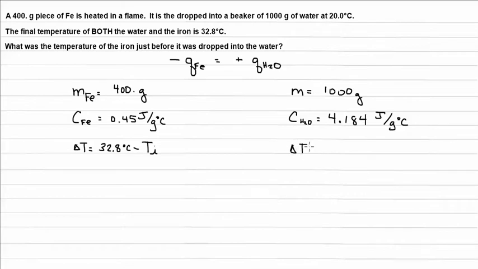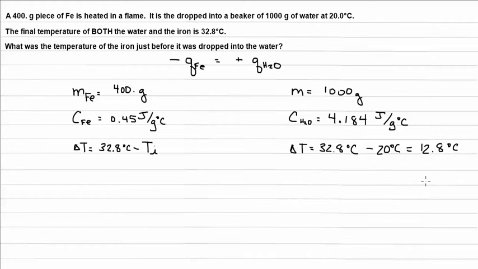From the water's perspective, the final temperature is 32.8 degrees Celsius and the initial temperature is 20 degrees Celsius. So the delta T for the water is 12.8 degrees Celsius.